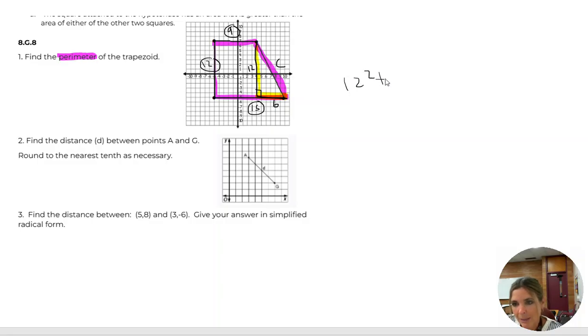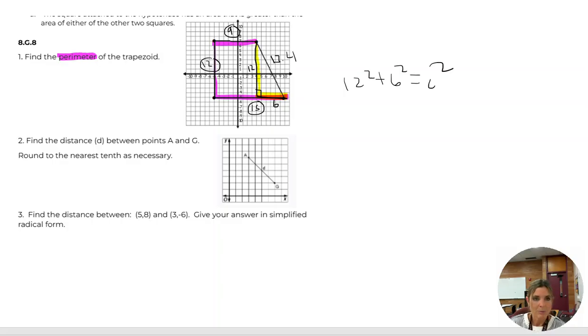We need to know this. 12 squared plus 6 squared equals c squared. So if I take 144, which is 12 squared, and I add 36, I get 180, and then I do the square root of 180, and I get 13.4. So that means this side right here is 13.4.